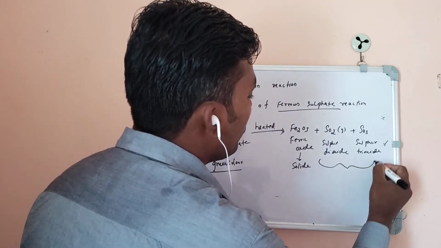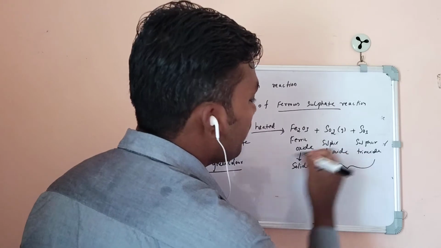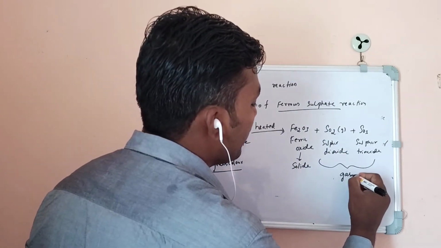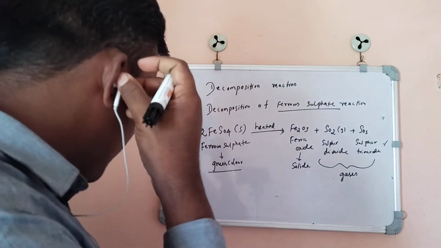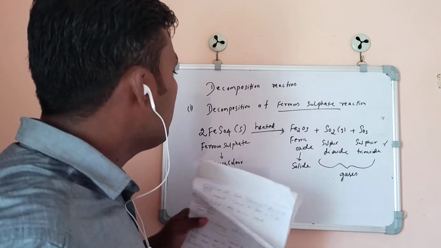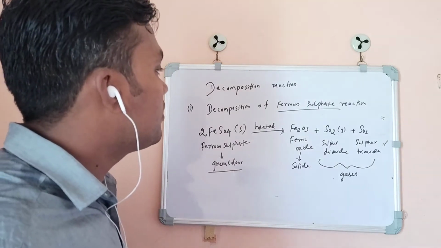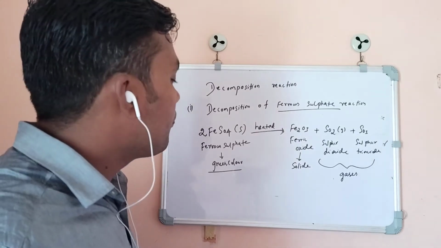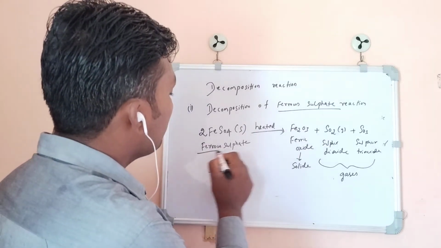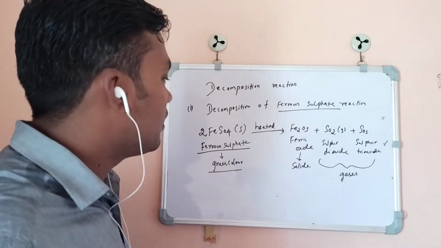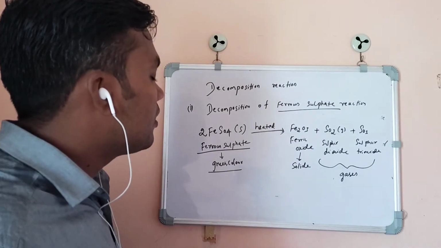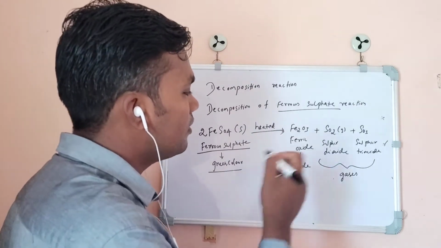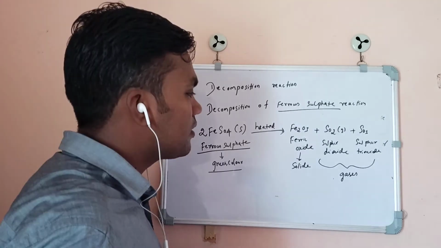The other byproducts here are sulfur dioxide and sulfur trioxide, both are gases. In this decomposition of ferrous sulfate reaction you can observe a single reactant. Ferrous sulfate is a single reactant that gives simpler products: ferric oxide, sulfur dioxide and sulfur trioxide.